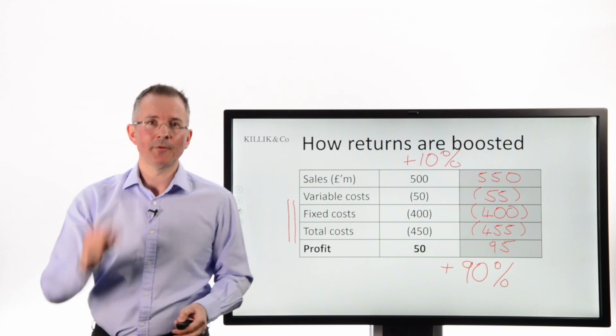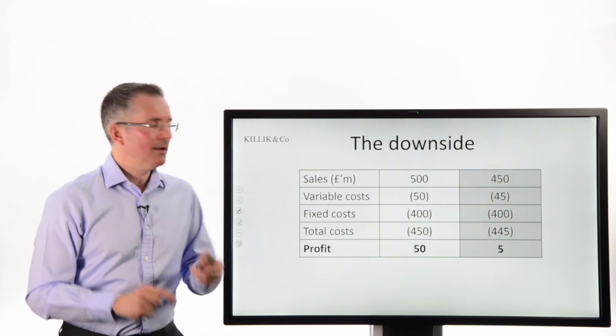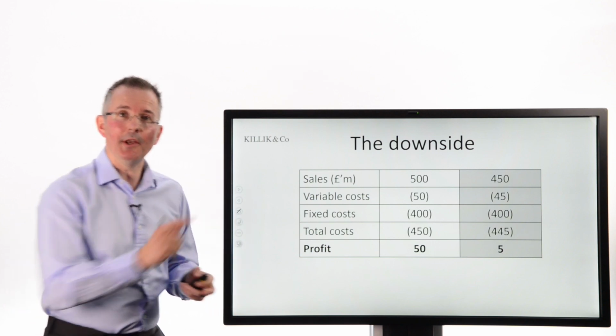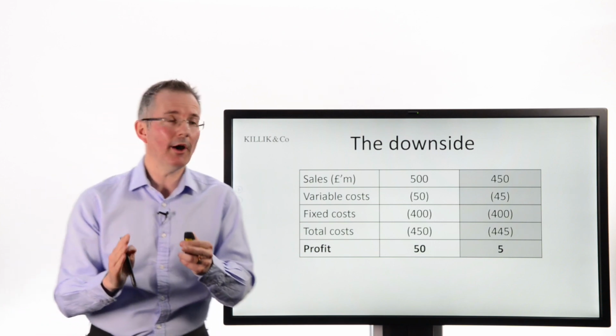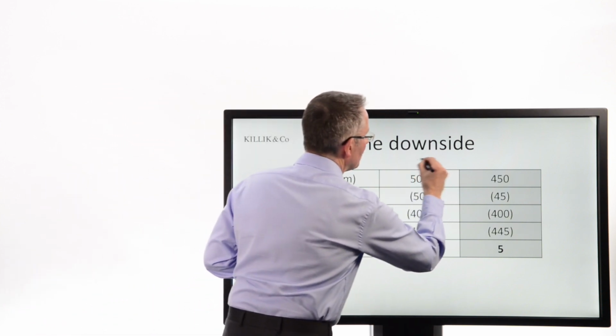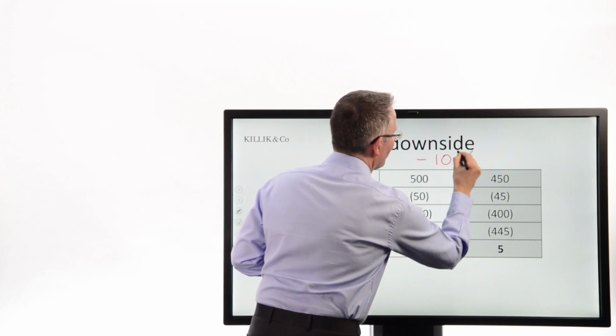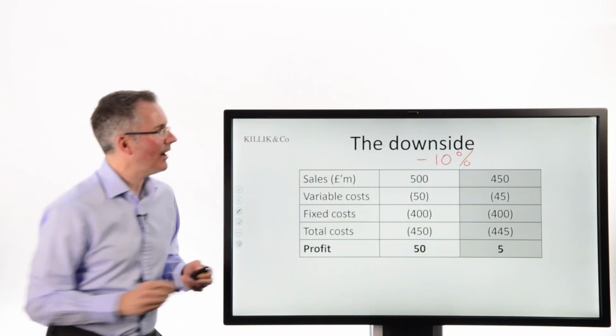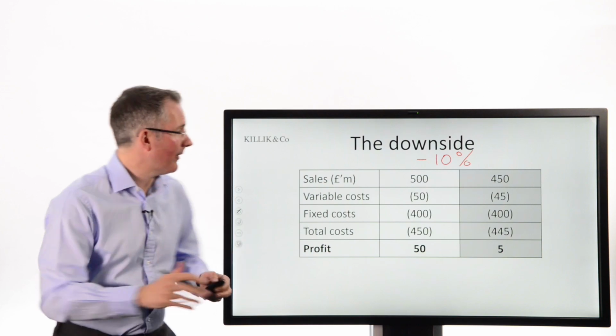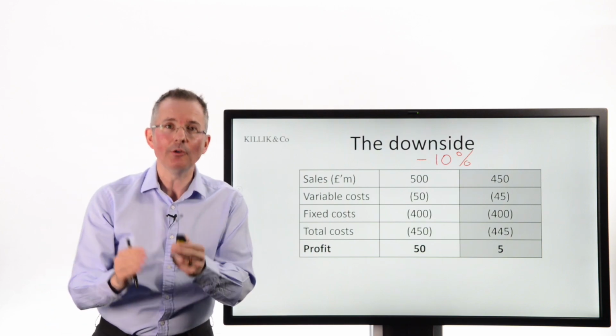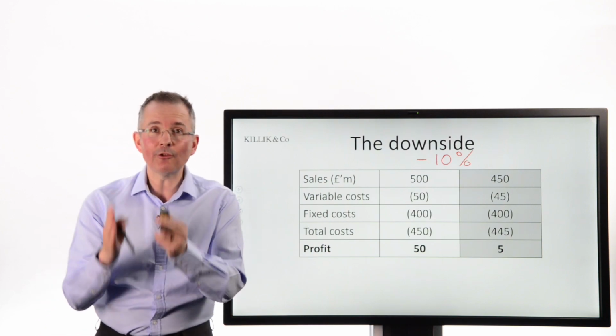Not so fast, because it works in reverse. The downside is this: imagine, and the numbers this time are ready to go as it were, imagine sales have dropped by 10% from 500 million instead of rising. So I've put all the associated numbers in. That means variable costs down to 45 million, fixed costs still 400 million.